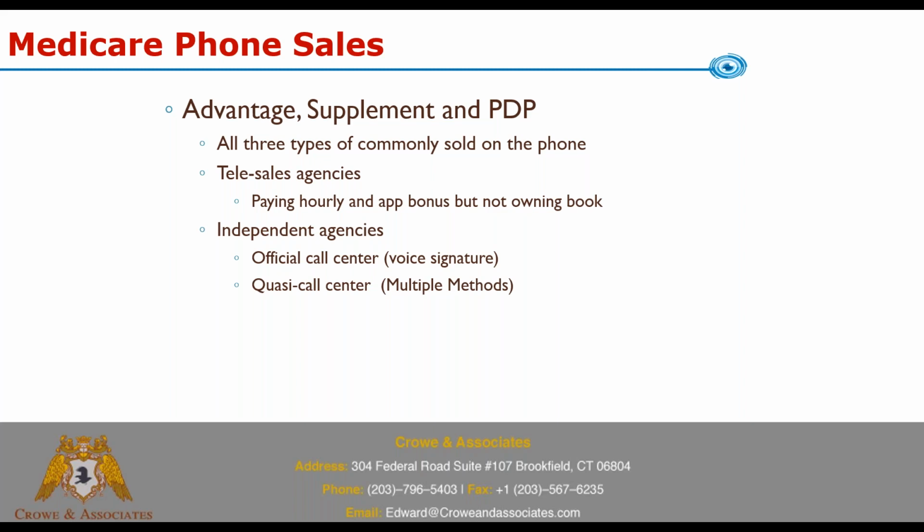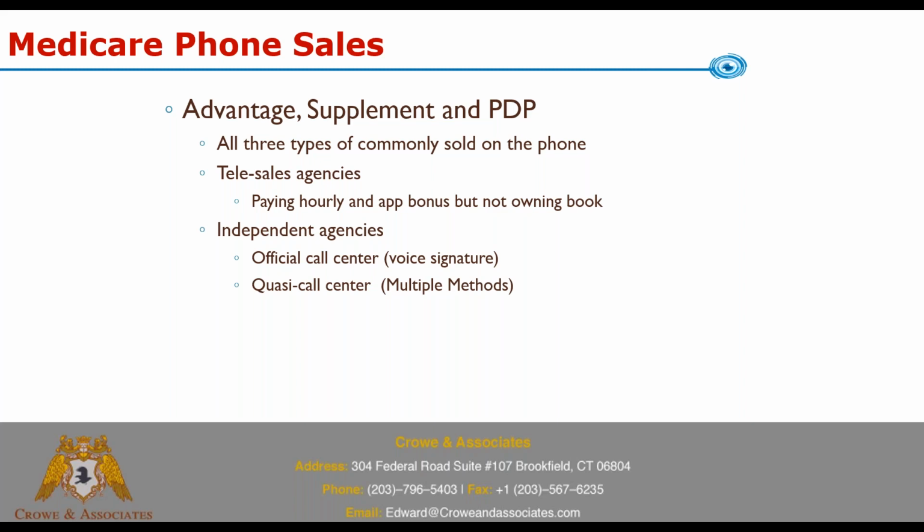They'll have call center status, so they have their own script, their own recording method, their own system, CRM, and those are the places that usually have reps that they're paying hourly, and they'll give them a small bonus. They'll pay them $14 to $16, $17 an hour. They'll give them $25 to $50 an app. They have the system all set up for them to do it, and they also pay for the leads, which is a big part of it.